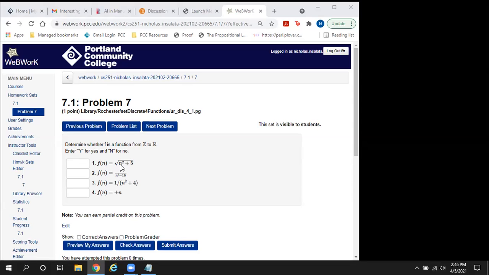So underneath the root is always going to be positive, so you'll never have to worry about complex numbers. But then it might be a plus or a minus f of n that when you square it gives you n squared plus 5. So I think it's just being a little tricky.